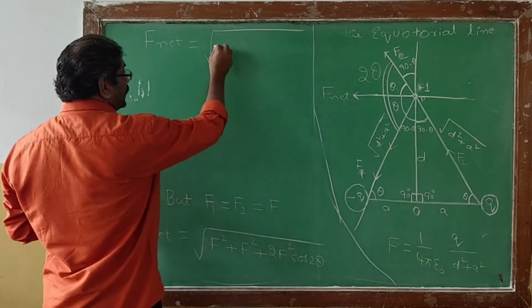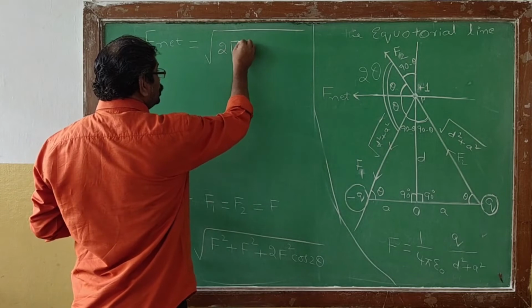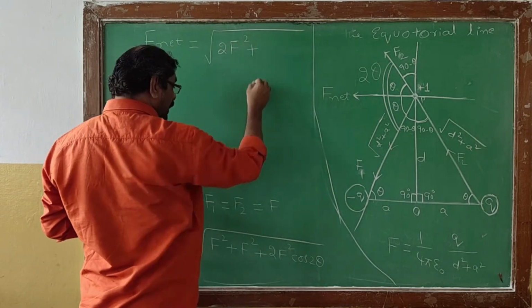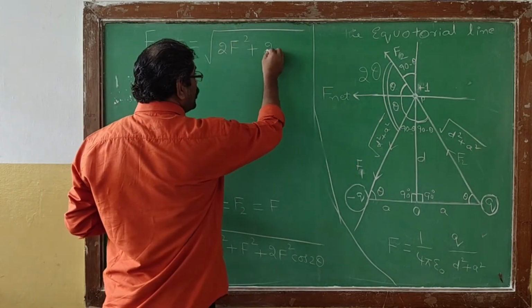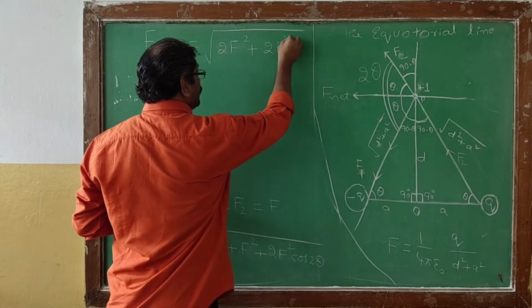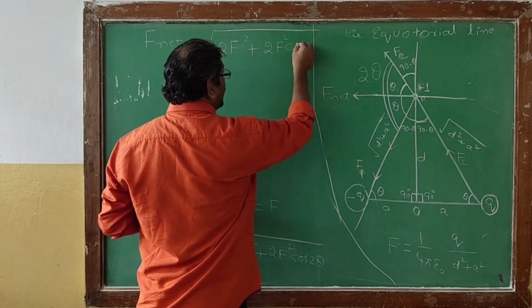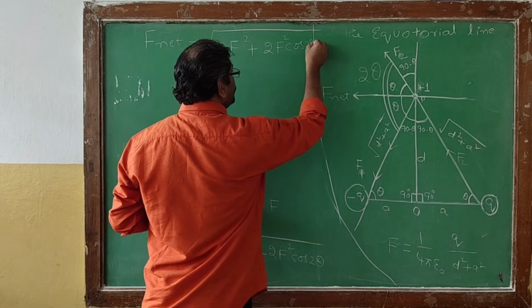So therefore now what you get, net force will be numerically equal to, now under root of F square plus F square will become 2F square, plus the third term will be 2F square, now multiplied by cos 2 theta.